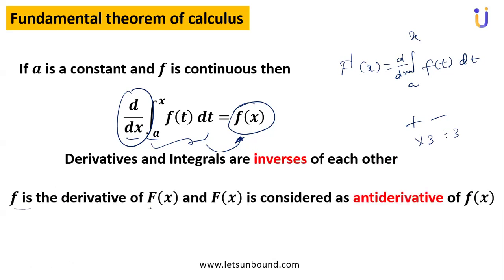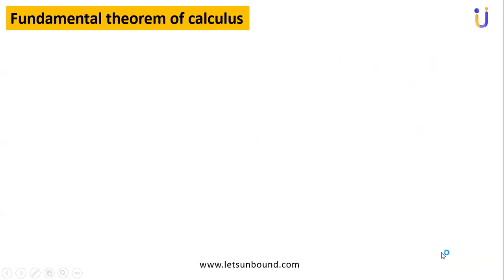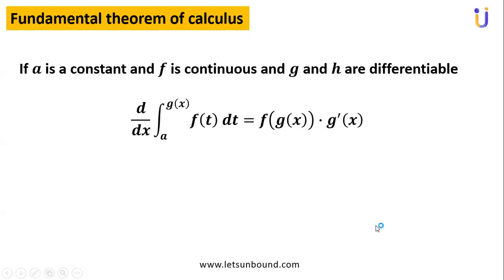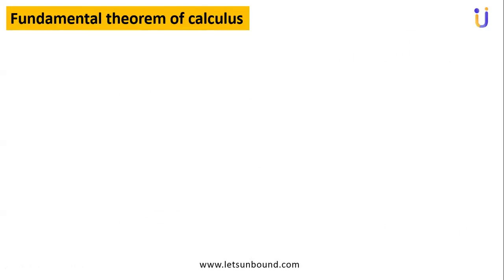If you differentiate this, F dash of x gives its original graph. And in this case, capital F of x is the antiderivative of f of x. Right? Okay, let's go.